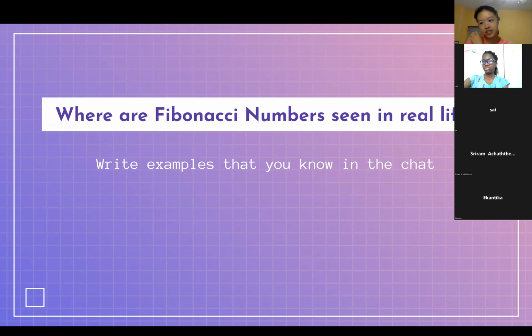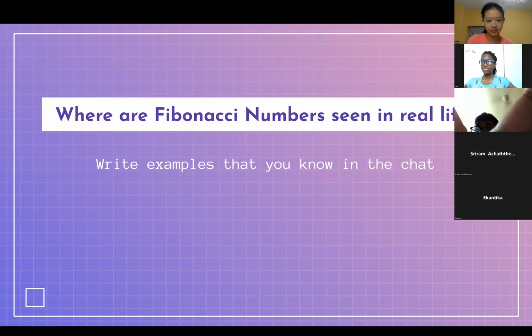Reese, you want to talk about this? Oh yeah, okay. Does anyone know where Fibonacci numbers are seen in the real world? Someone said the next example. Yeah, Fibonacci numbers are seen in flowers.